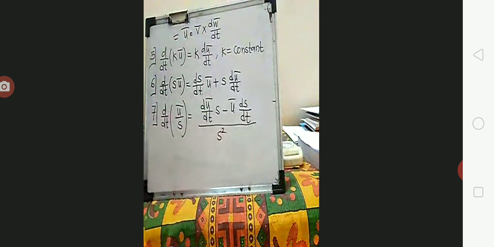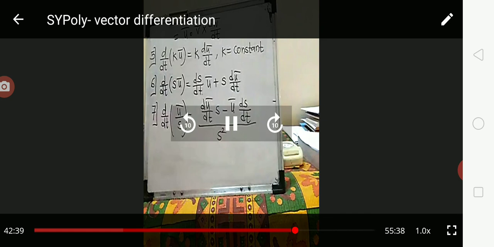Correct? So you have to use this. This is our usual quotient rule, which you have learnt earlier in your derivatives. You take derivative of numerator into denominator minus derivative of denominator into numerator, divided by denominator square.